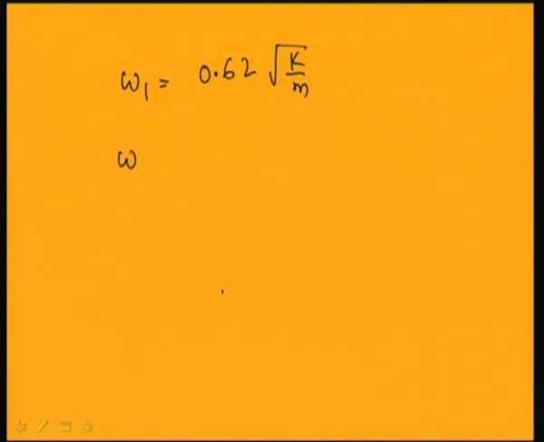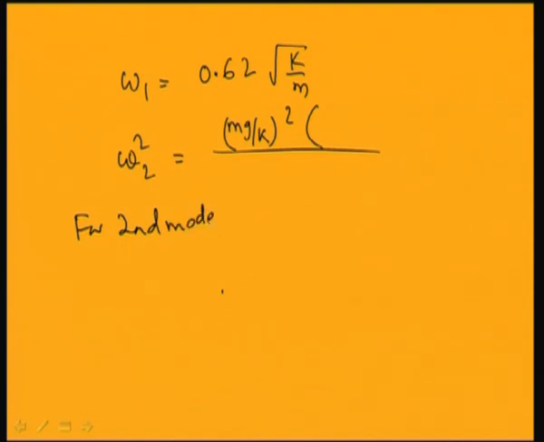Similarly, you can find omega 2. Omega 2 square will be equal to (mg by k) whole square into, for the second mode, taking a1 equal to 2 mg by k and a2 equal to minus 2 mg by k.